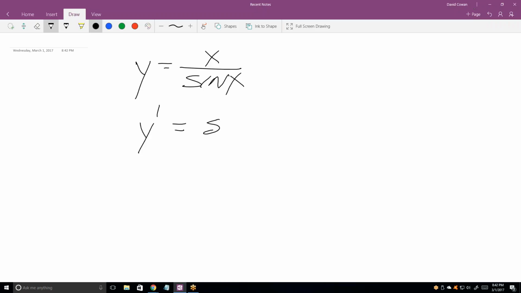So sine x minus cosine x times x. Generally good to put the x in front there, because if I put it back here, it makes it hard to understand what's going on. Divided by what? Over sine x squared.